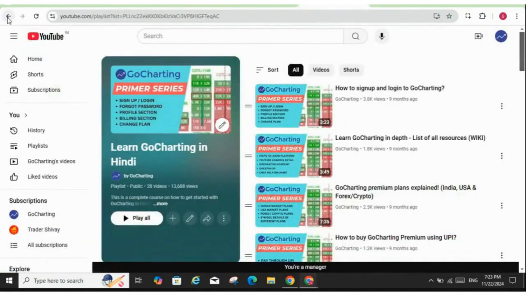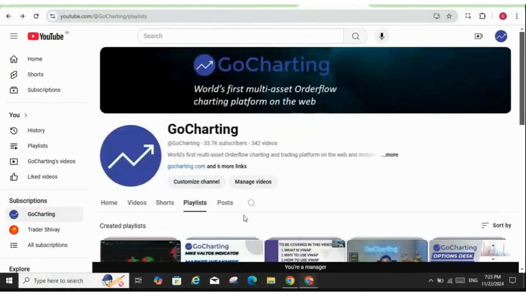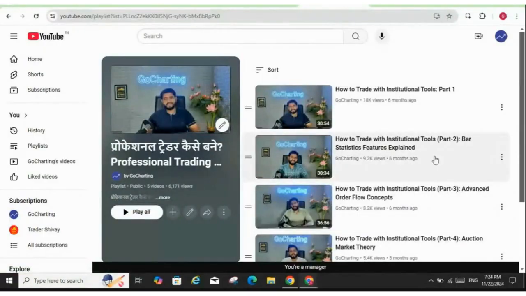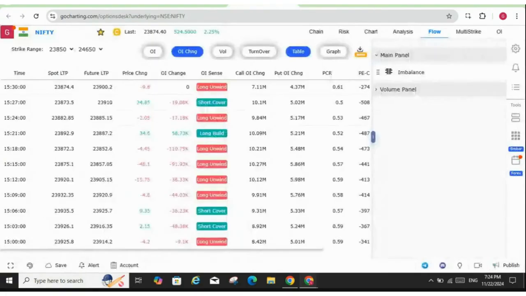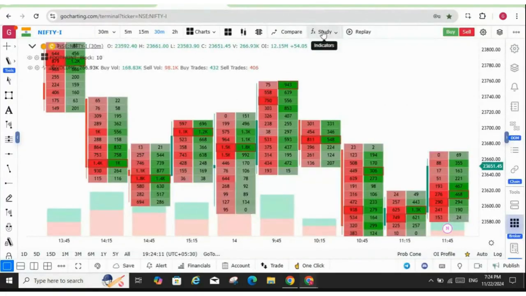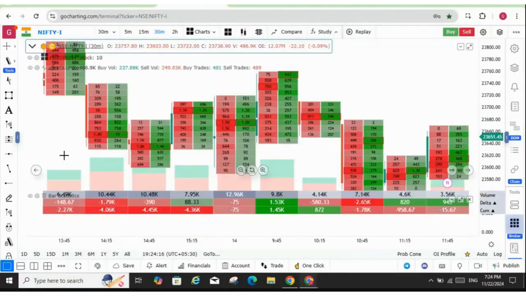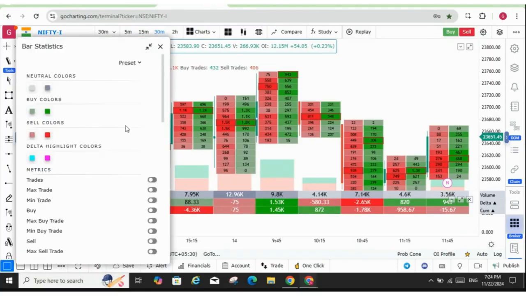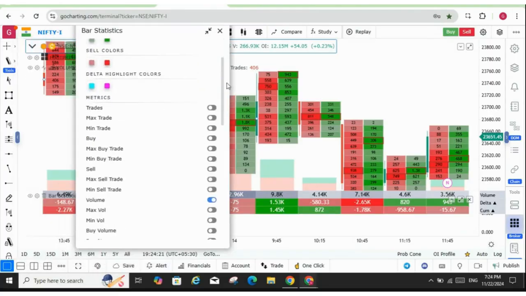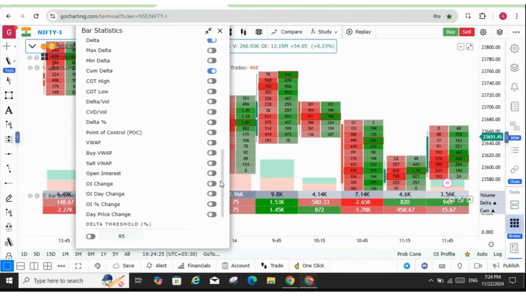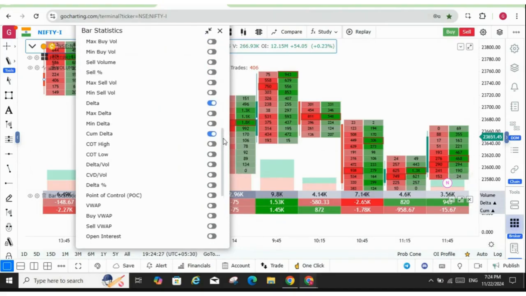What you have to do is go to the Go Charting channel, go to the playlist, and here you will find this video called bar statistics feature explained. We have explained all these features there. Why bar statistics? Because if you apply the bar statistics and go to its settings, you will get all these options.